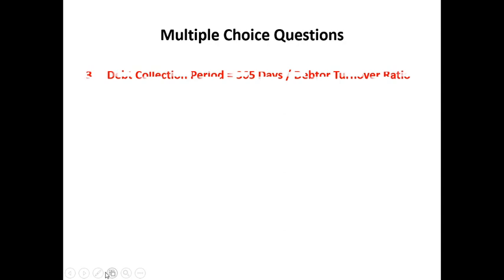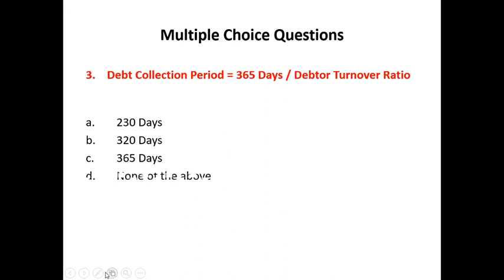Next, third one: debt collection period is equal to 365 days divided by debtor turnover ratio. Options available are 230 days, 320 days, 365 days, none of the above. The correct answer is 365 days.